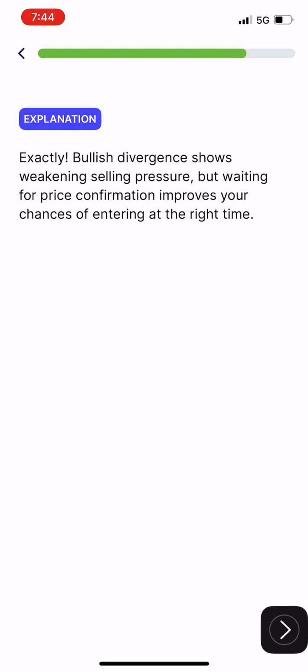Explanation: exactly. Bullish divergence shows weakening selling pressure, but waiting for price confirmation improves your chances of entering at the right time.